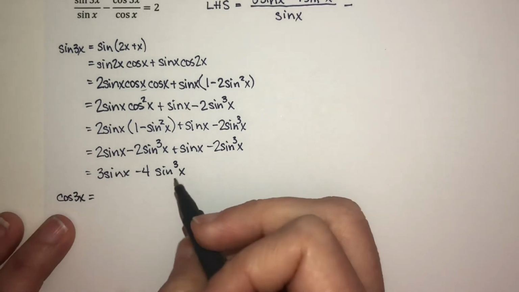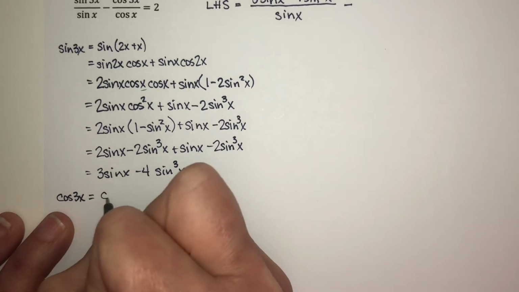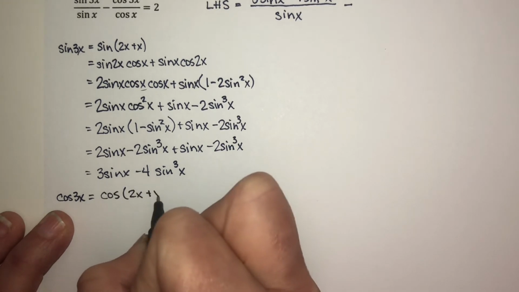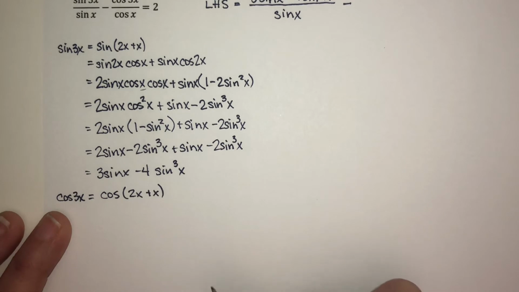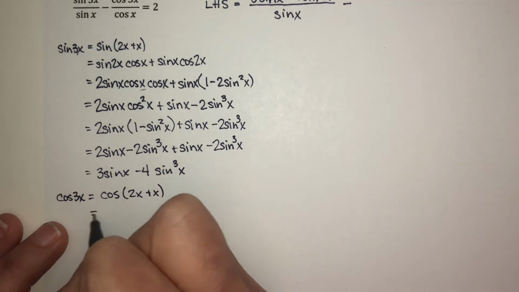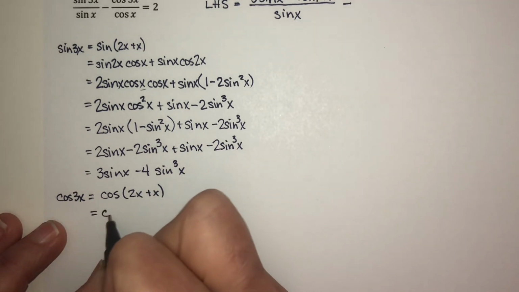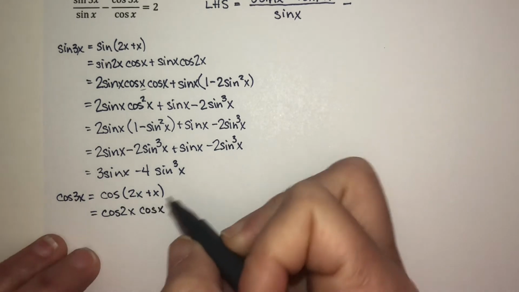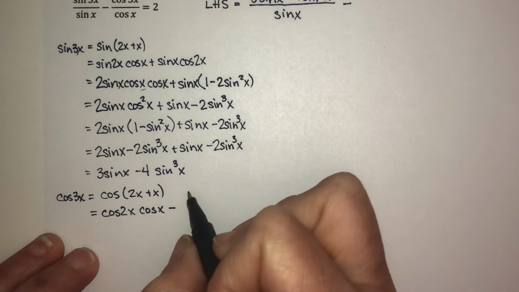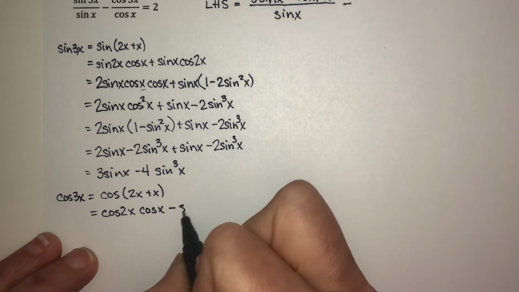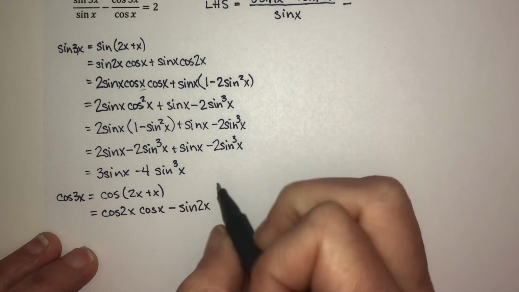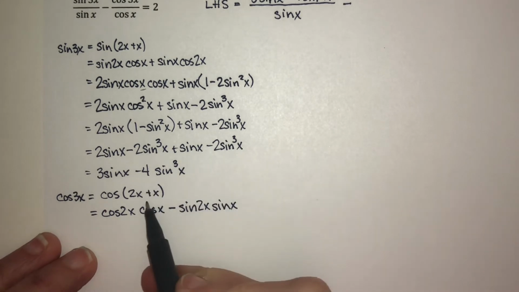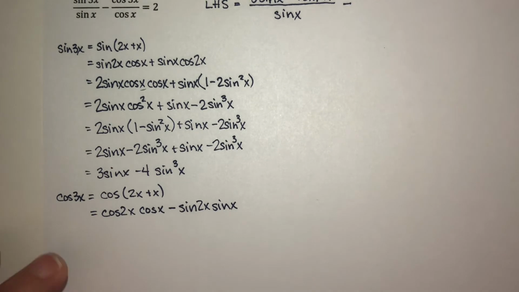And I'm going to use a similar approach so that I have cosine of 2x plus x. And this is cosine 2x cosine x minus sine 2x times sine x, using the addition property from the previous section.